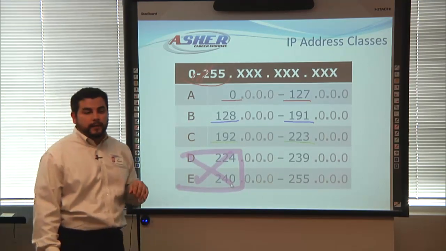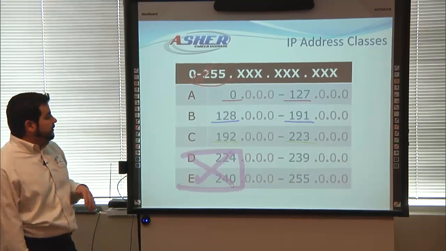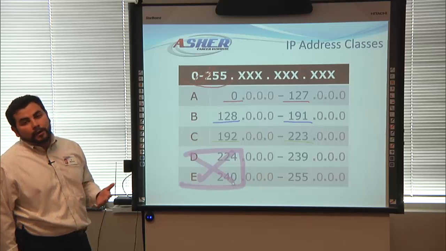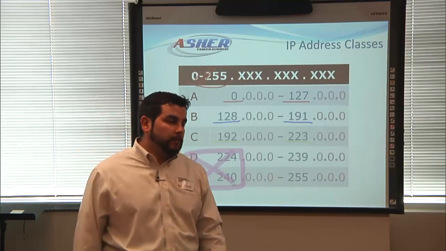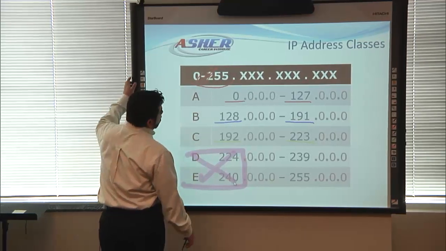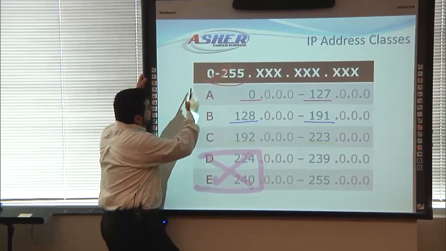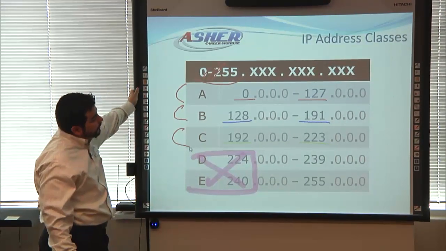They're private IP addresses, but they call them addresses that are not routable. That means you cannot put them on the internet. They can't talk to other networks. They're private and experimental use. So the only ones we'll ever see on the internet are going to be A, B, and C, with a couple of exceptions.